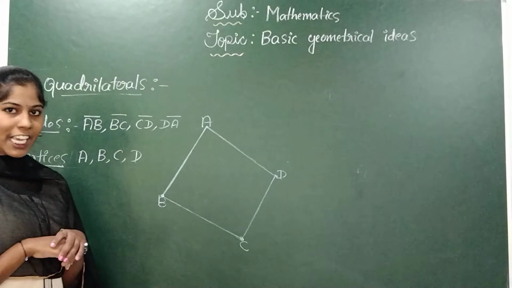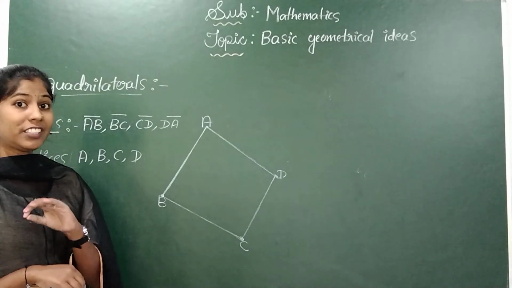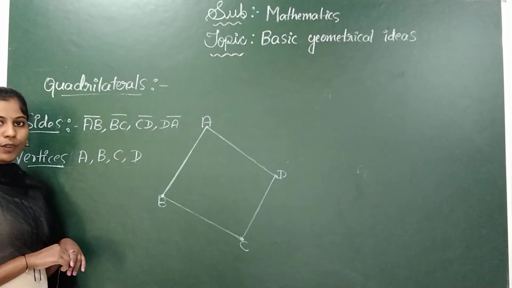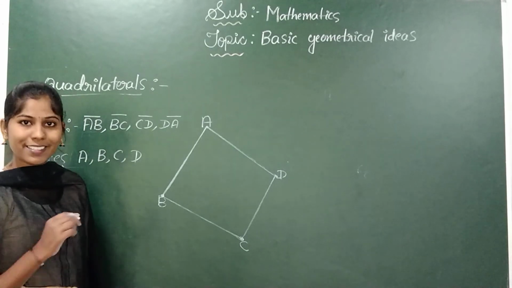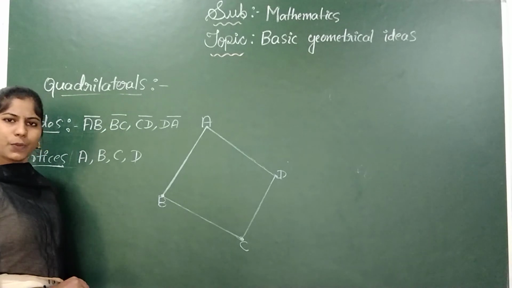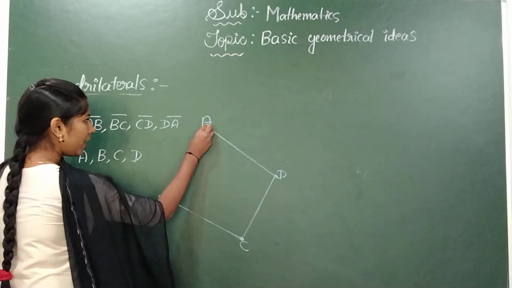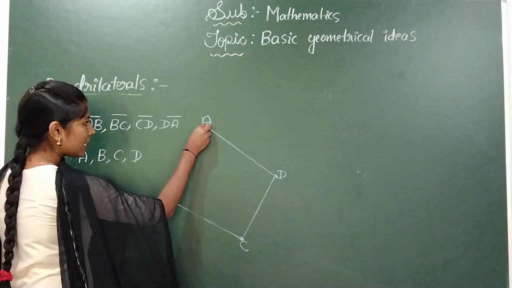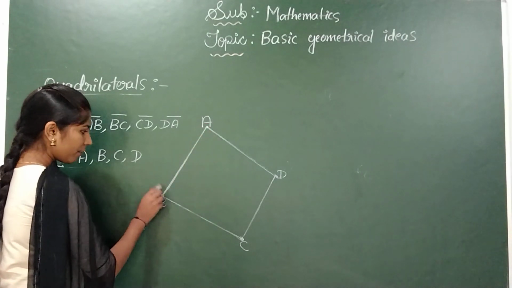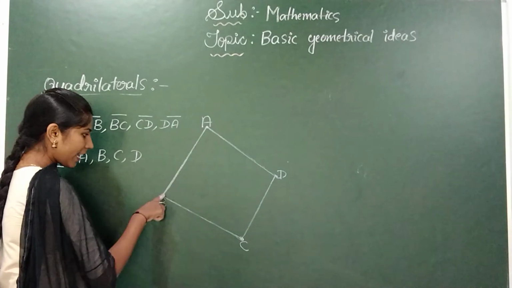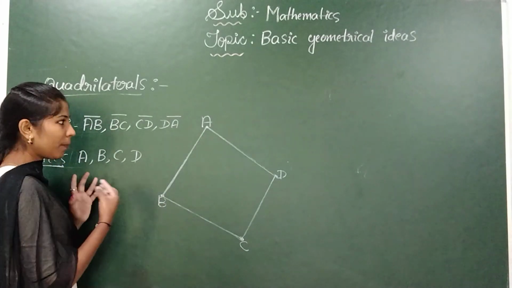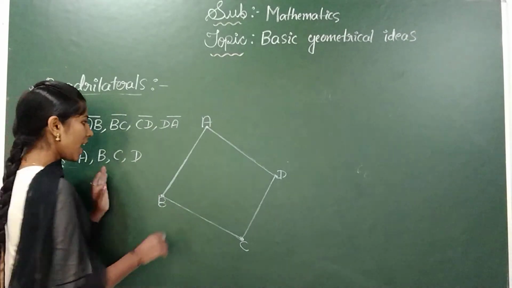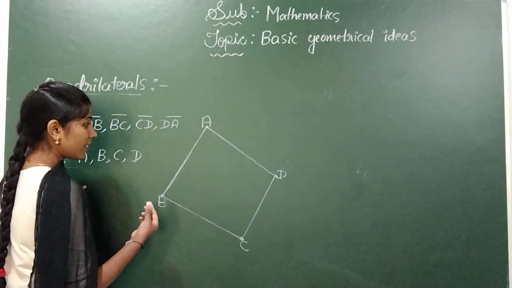And one more thing, you can identify the diagonals of this quadrilateral. Already I told you about non-adjacent vertices. Which are the non-adjacent vertices here? This vertex and this vertex are adjacent because these two can be joined and they meet at a point. So those are called adjacent vertices. And which are non-adjacent here?